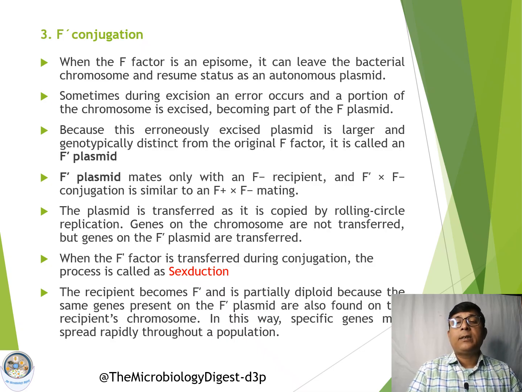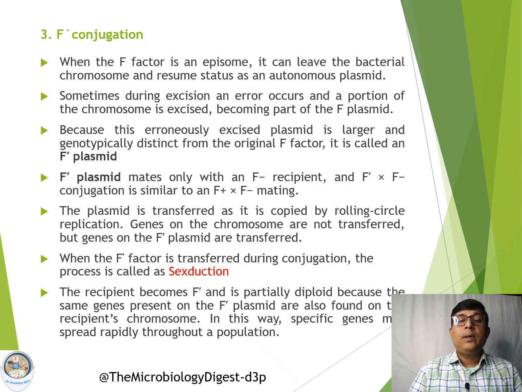This erroneously excised plasmid is a bit larger and genotypically distinct from the original fertility factor, and it is called the F prime plasmid. It is not called an F plus plasmid, but because it contains a portion of the bacterial chromosomal genes, it is called the F prime plasmid.